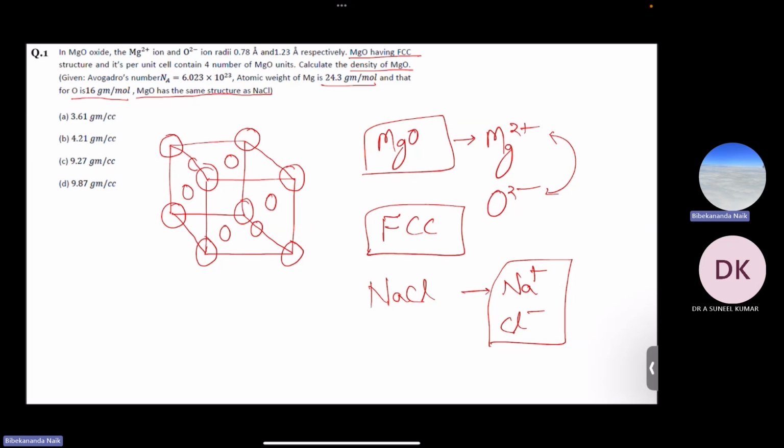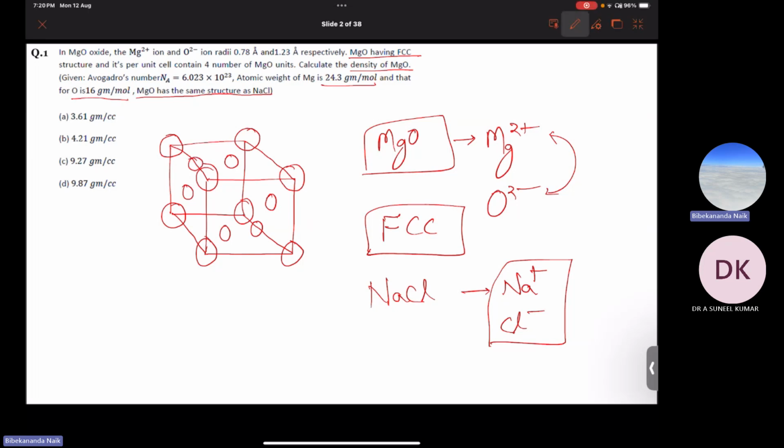So there are in total 14 atoms, out of which 8 atoms are present at the corners, and the remaining 6 are present at the faces of the cube.